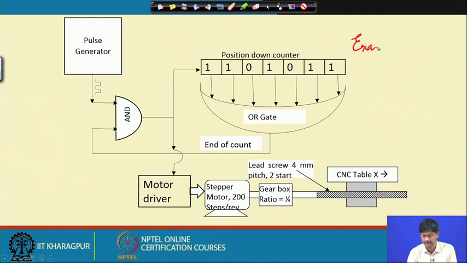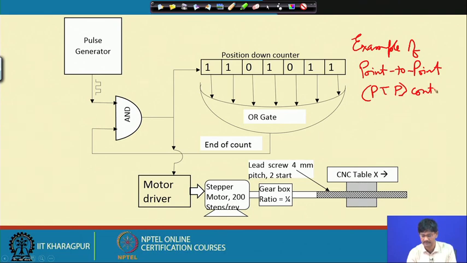Example of point to point, bracket, it is called PTP, point to point control, and this also in open loop mode. So, open loop, I will write here open loop. Okay. Example of open loop point to point control in case of computer numerical control device.